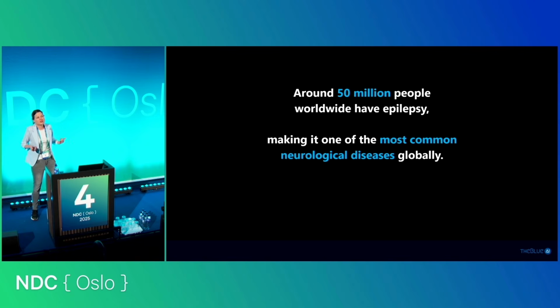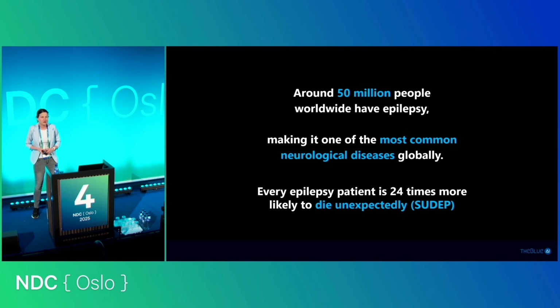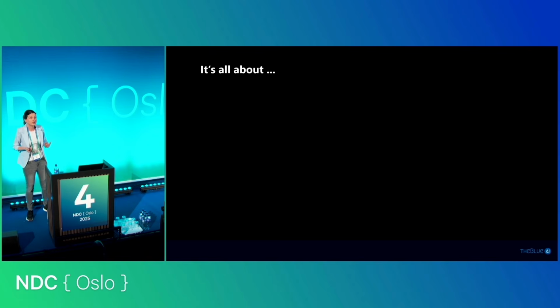And as if it wouldn't be enough that the first thing you think about with epilepsy is epileptic seizures, these patients are also 24 times more likely to die unexpectedly because of a phenomenon called SUDEP, meaning sudden unexpected death in epilepsy patients. So I think we can all agree that this problem is really important from the perspective of the whole society.